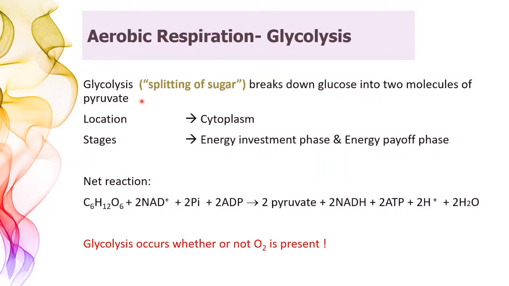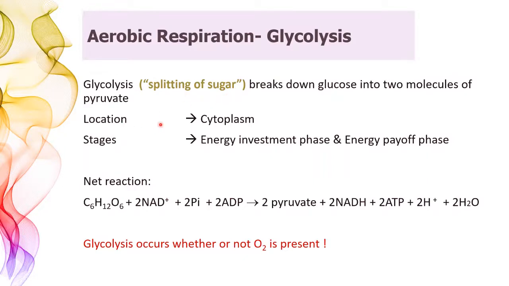There are three major stages that happen in cellular respiration in the presence of oxygen, which are glycolysis, Krebs cycle, and oxidative phosphorylation. In glycolysis, glucose is broken down into two molecules of pyruvate. Hence, glycolysis can also be known as the splitting of sugar.